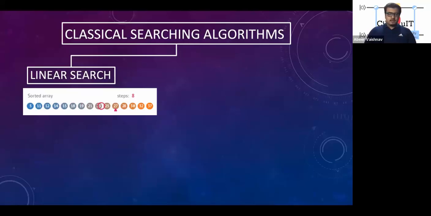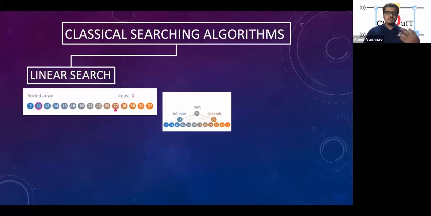This takes about 10 steps in this particular example, and it's pretty inefficient because for each element you are doing this comparison operation, and that is pretty costly. So that's why there exists another class of searching algorithm known as binary search. We take this array and arrange it in such a way that it makes a binary tree.